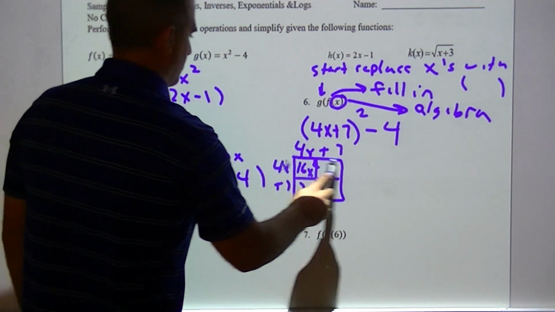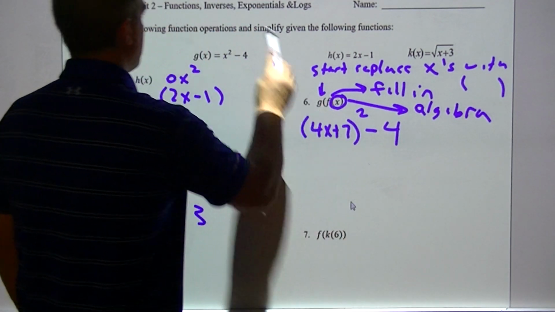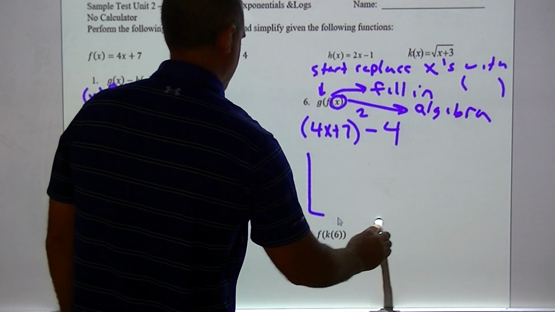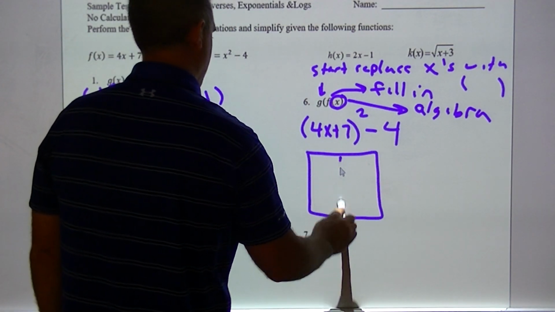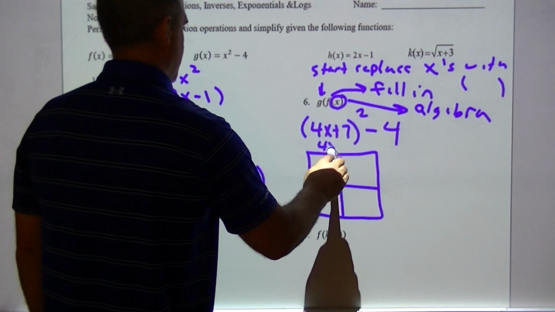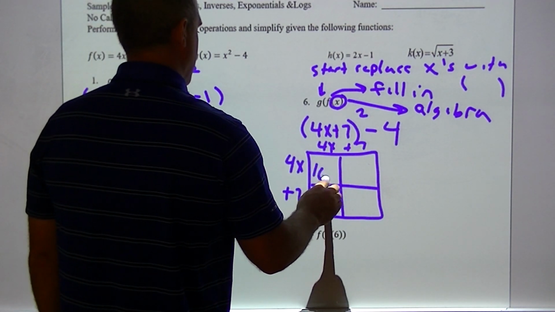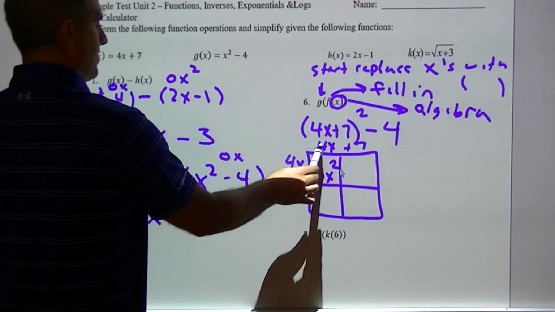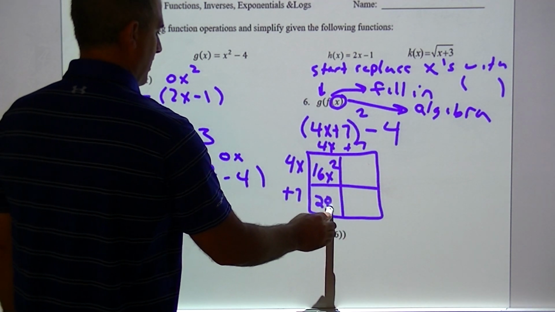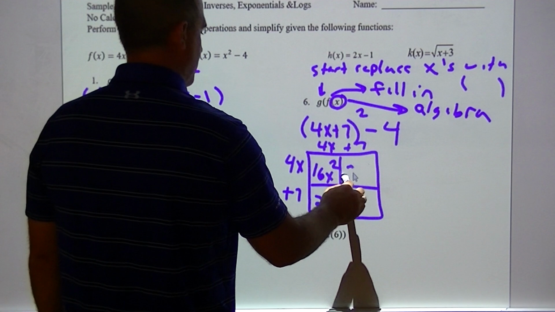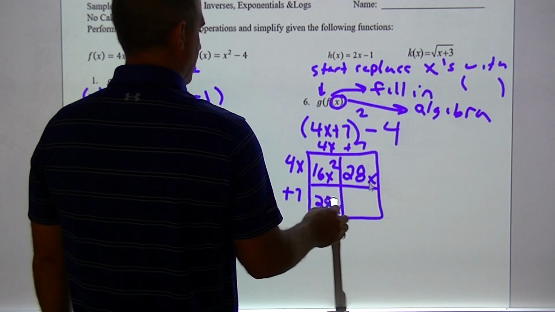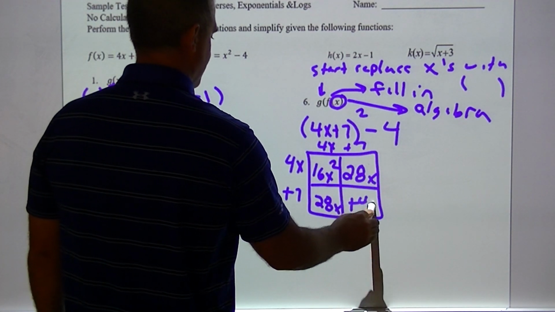Let me clean this up a little bit. It's a little small, the writing is. 4x plus 7, 4x plus 7, that's 16x squared. 7 times 4x would be 28x. 4x times 7 would be 28x. 7 times 7 would be 49. Okay?